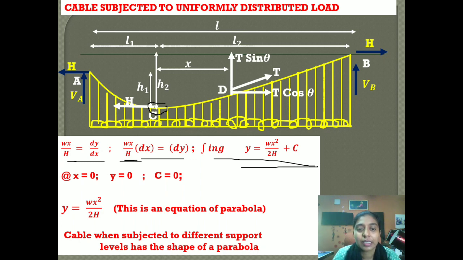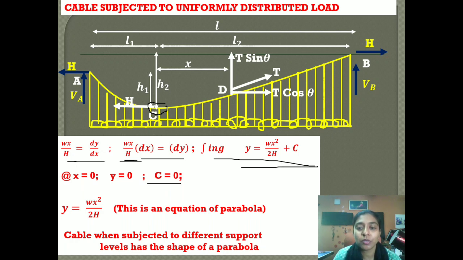That is, when we are considering the equilibrium of only this portion CD, at C the dip in the cable is equal to 0. That is why y is equal to 0 at C. So we get c is equal to 0.